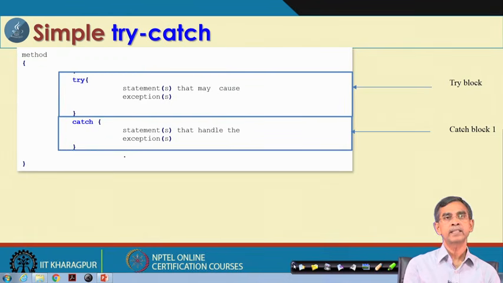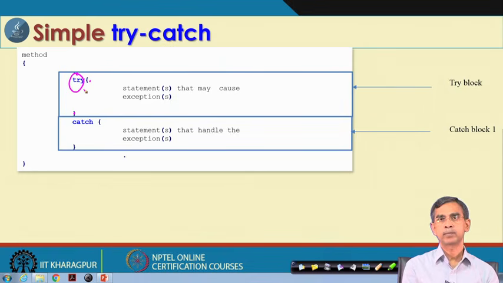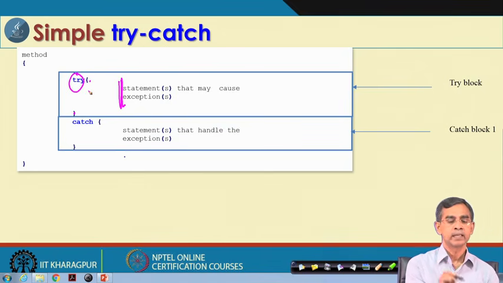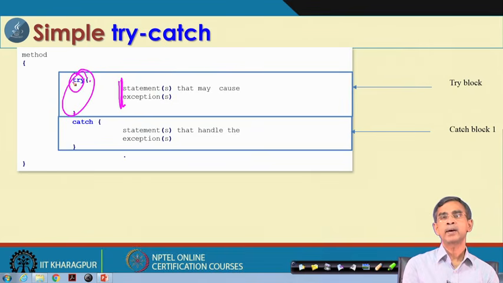Now, here you should see the syntax. try is the keyword, with a beginning and ending, that is called the try block. So, whenever an exception occurs, this will be checked. That is why if you do not put this, and an exception occurs, the Java runtime manager will not be able to handle it. So, we should put it explicitly there.